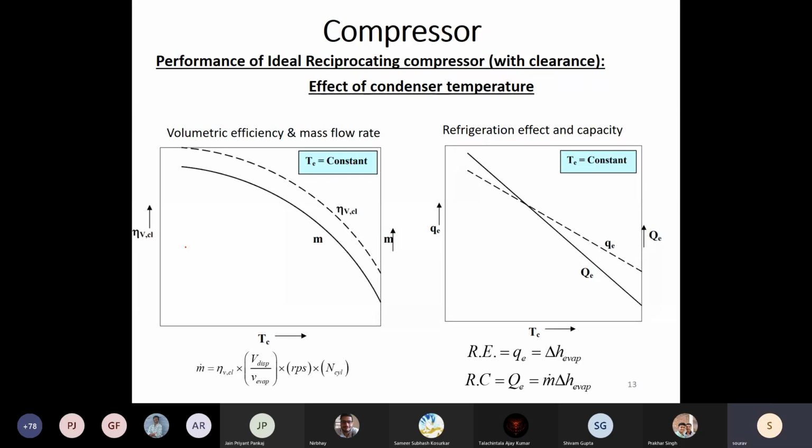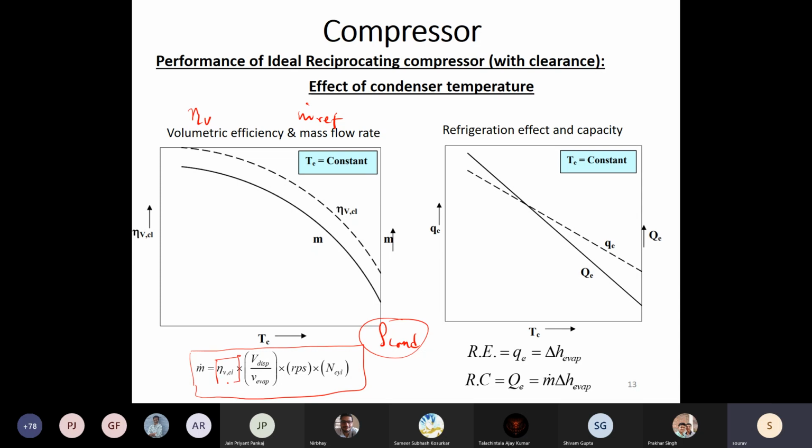So the first plot is for the volumetric efficiency and mass flow rate of refrigerant delivered by the compressor. The expression over here will directly tell you that it doesn't have a dependency on rho condenser.